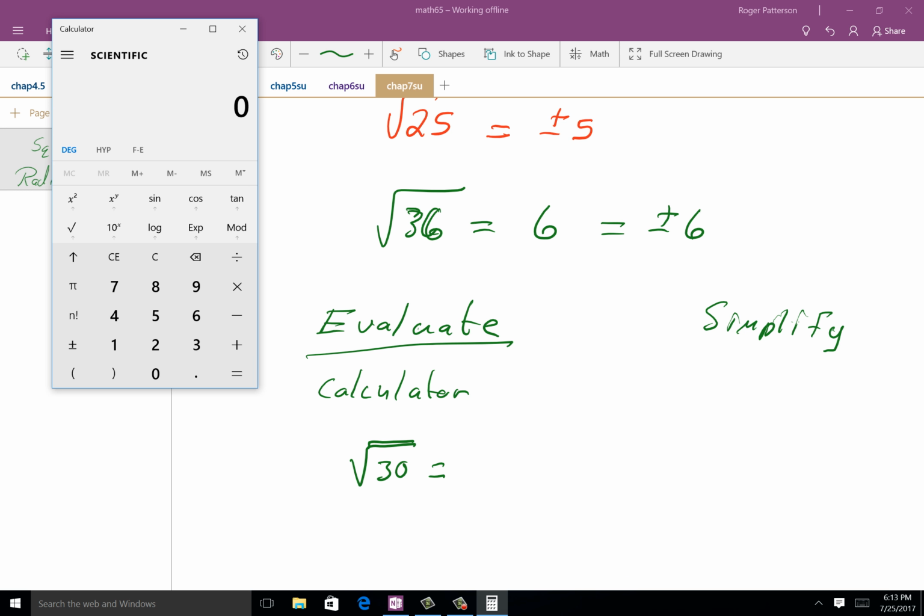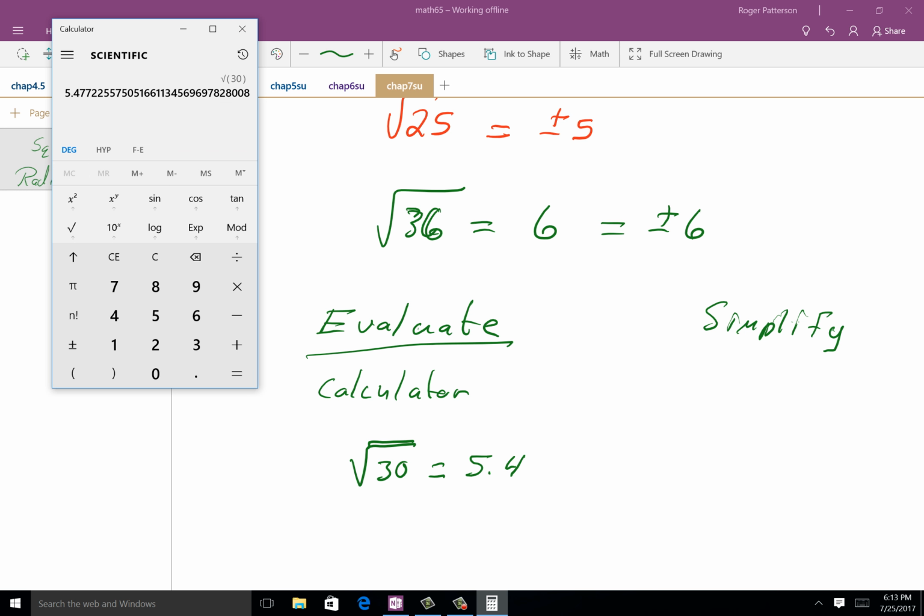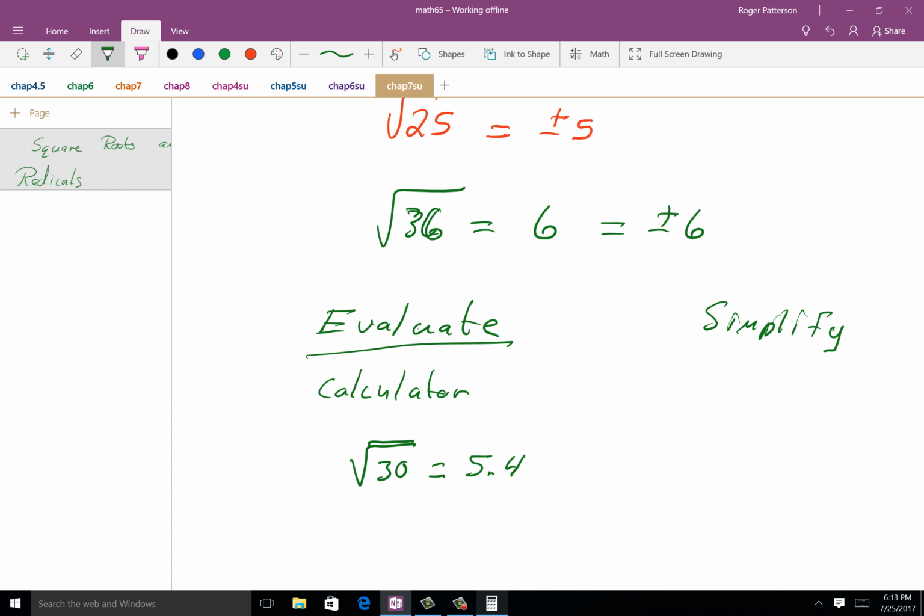On here, I think I have to push the number first and then hit square root. That's probably how this works. Yep. It disappeared on me. 5.47. Okay, so that's how you evaluate a square root. You're going to use a calculator of some type to evaluate a square root.